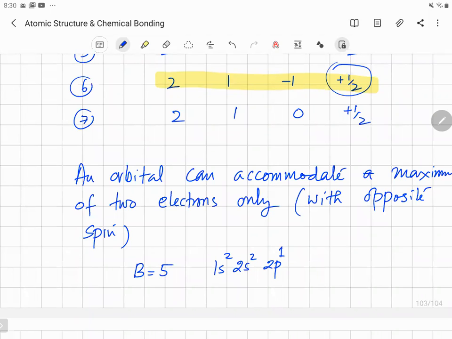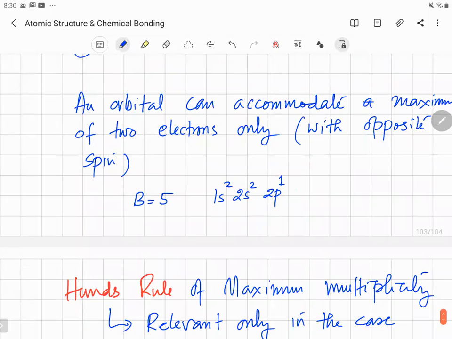Now suppose I had written 1s3, 2s2, and 2p0. Suppose I have written this way, it violates Pauli's exclusion principle.